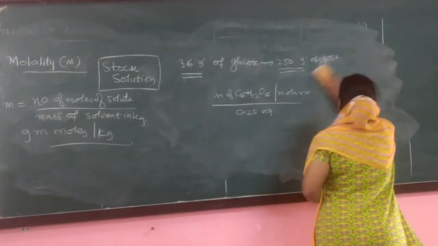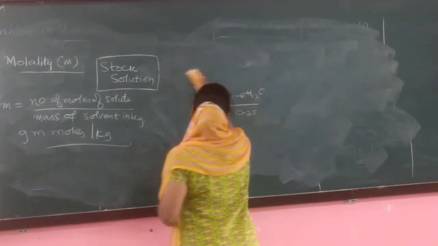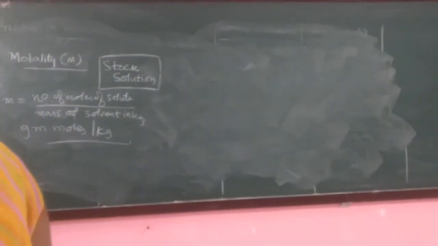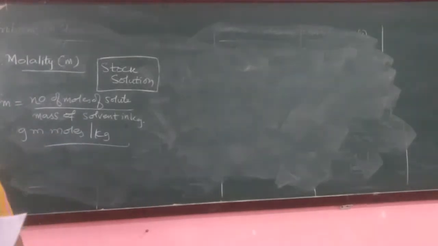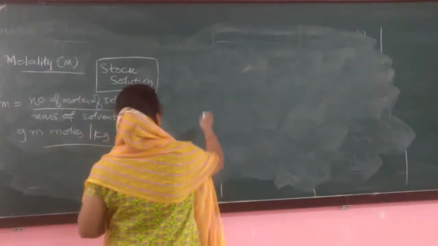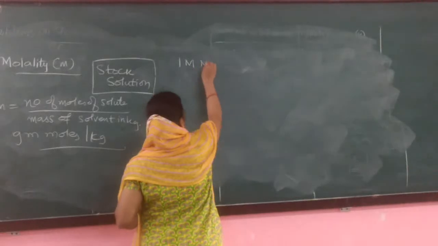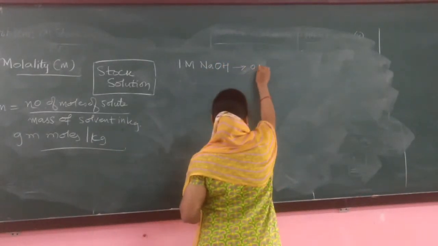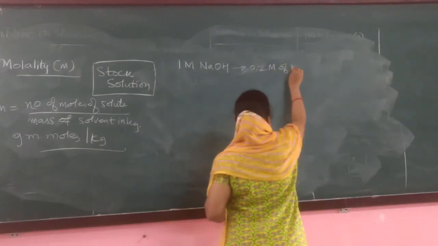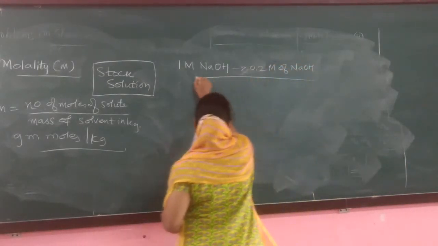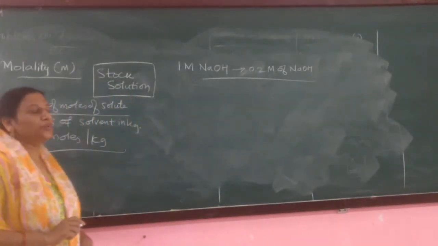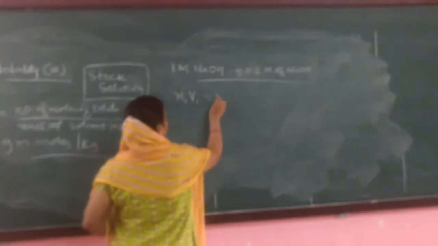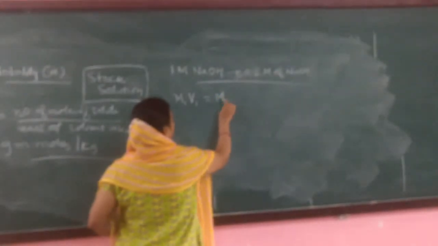Especially when you are doing the titration experiment in the laboratory, you require the molarity equation. To explain this, I will take one particular problem. If you are given 1 M solution of NaOH, sodium hydroxide, and you are asked to prepare 0.2 M solution of sodium hydroxide, for such calculations, you need the molarity equation given by M1 V1 is equal to M2 V2.